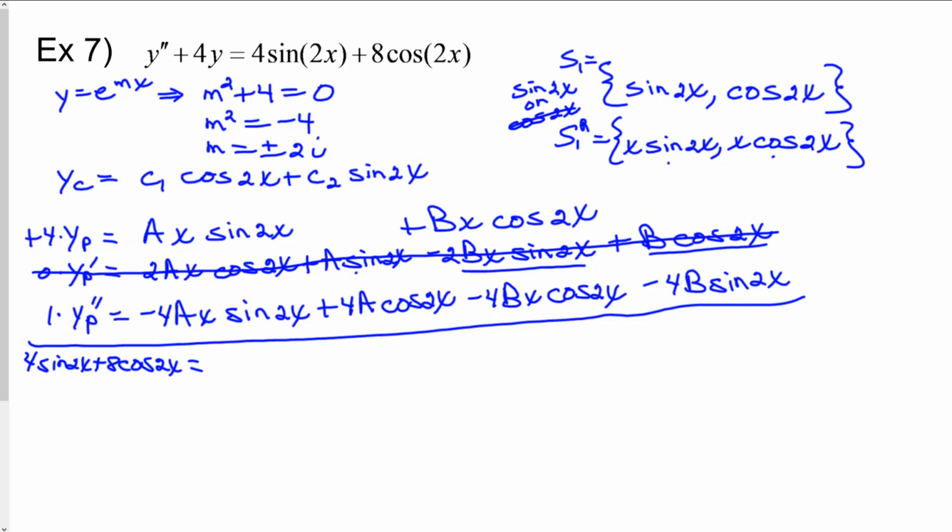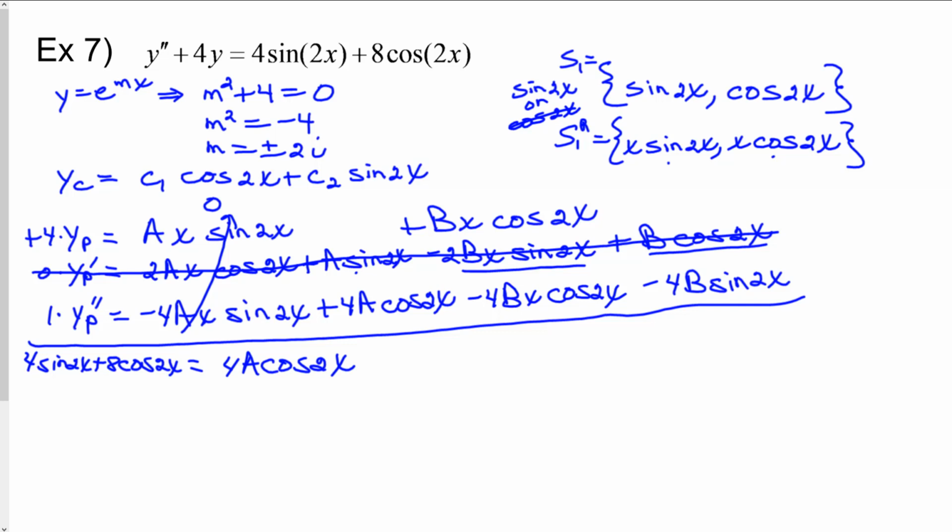All right, so combining the x sine 2x terms, we've got from the first equation 4a and the bottom equation minus 4a. So that's going to zero out completely, which is good because I don't have any x sine 2x terms on the left. Okay, I do have this cosine 2x term that will not zero out, and I don't have any of those in the first y sub p equation, so I've got to have that.